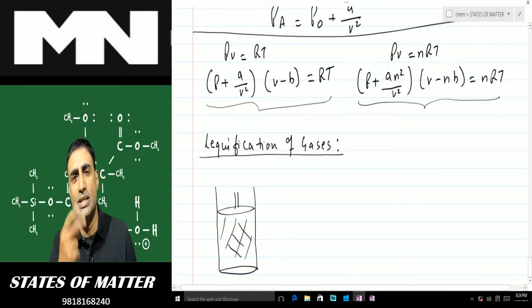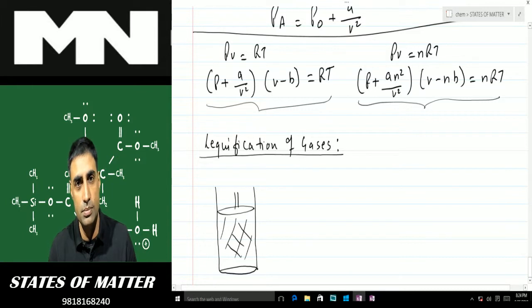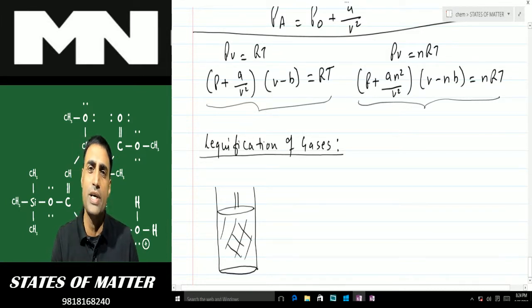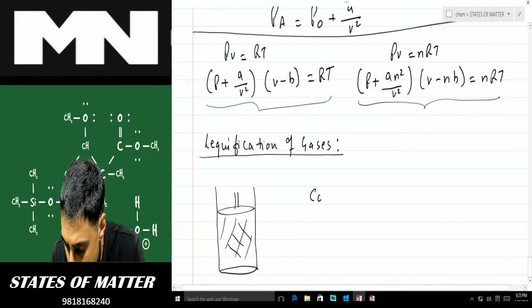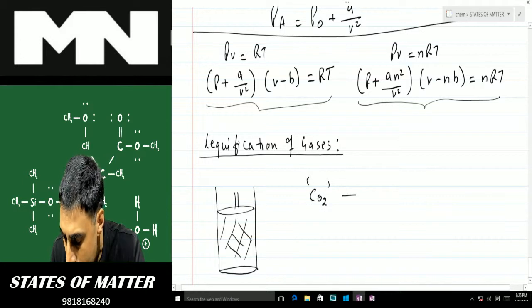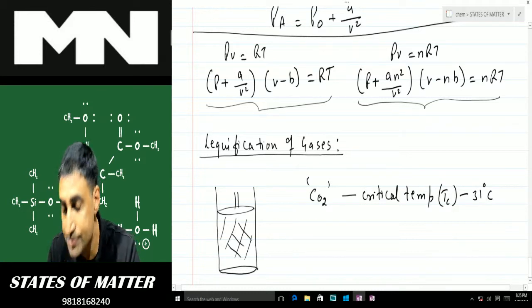Out of these two factors, temperature and pressure, temperature is considered to be the prominent factor. A gas cannot undergo liquefaction above a particular temperature, howsoever high the pressure may be. That temperature is known as the critical temperature. For example, for CO2, carbon dioxide, the critical temperature is 31 degrees Celsius.